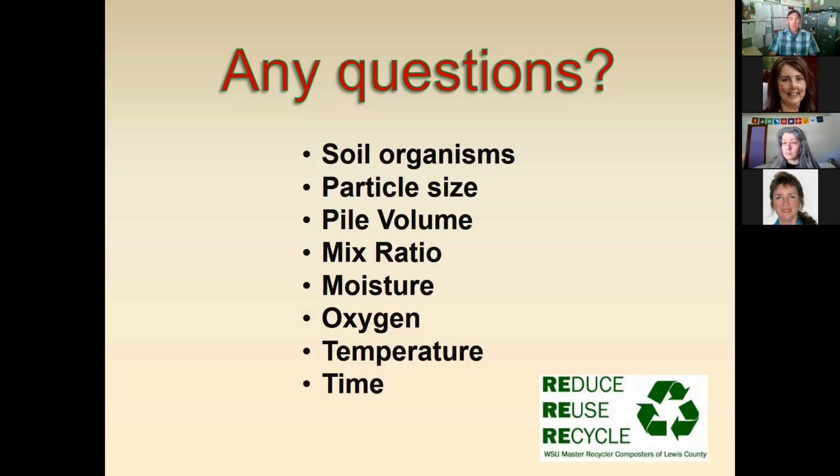That'd be a good thing to add to this presentation, the pH. Try to keep it between, say, 5.5 and 7.5 pH, or even 8.5, somewhat in the middle. It doesn't have to be perfect. Nothing's going to die in your compost because it's too acidic or too alkaline.